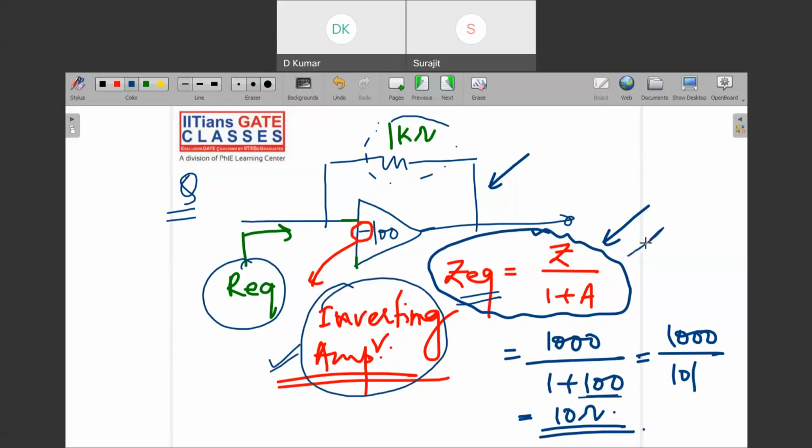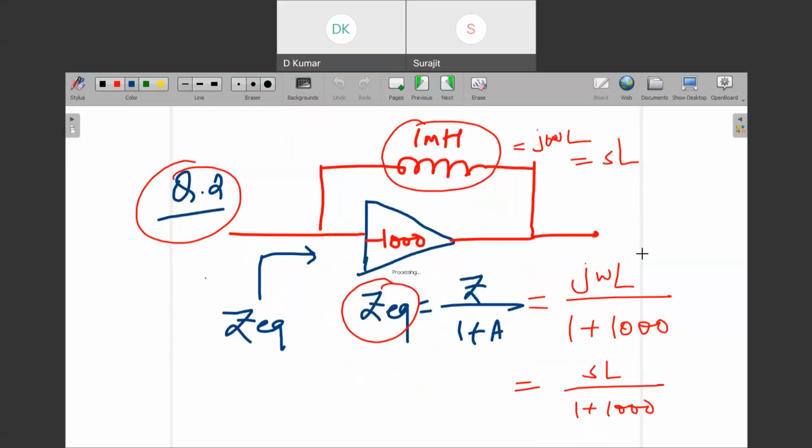This expression already contains all the information about the inverting stage. Now, there is a Z equivalent where Z is an inductance, so that is sL, or j omega L. What is Z equivalent here? That is sL equivalent, so this s and this s get cancelled.